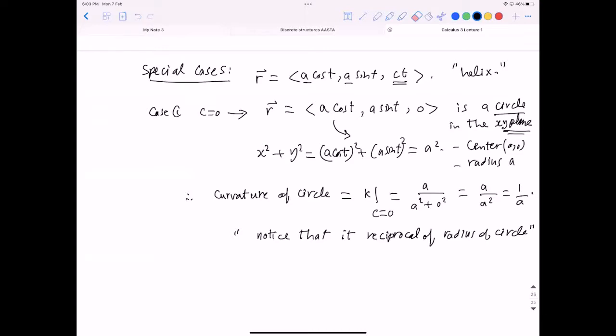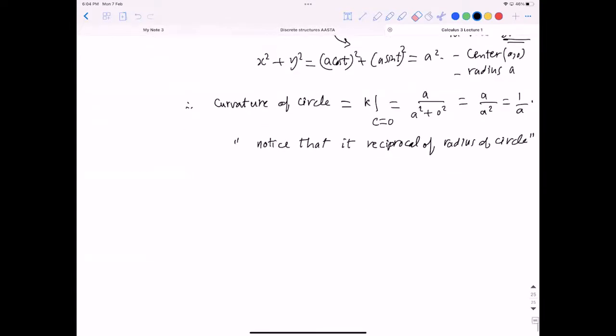The y as a function of x for the case of the circle is not nice. You can apply formula 4, y as a function of x.